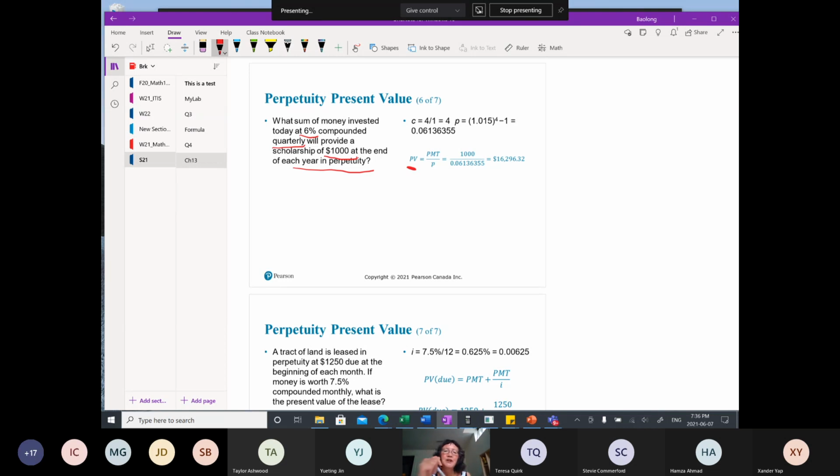But this time, we need to use PMT over P. Why do I need to use P? Because PY is not equal to CY. How do I know they are not equal? Because PY represents number of payments per year. So what is PY in this question? Anyone? In 1 year, how many payments do you make?